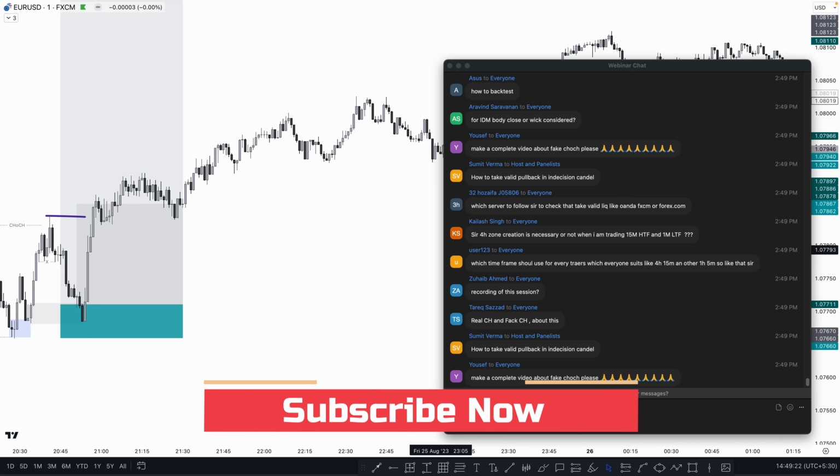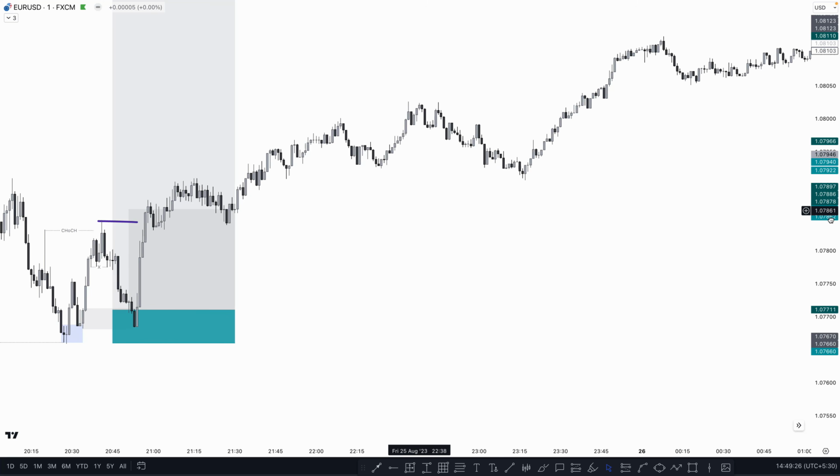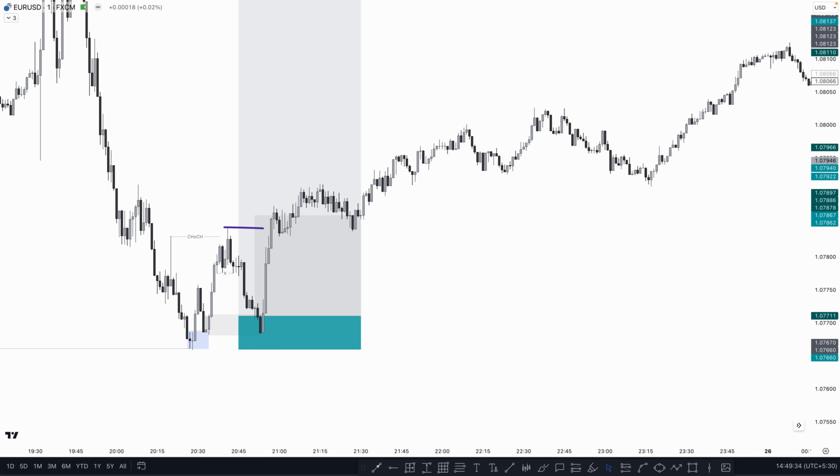Ask one by one, then I can respond to you, because with so many questions I can't understand. How to backtest? Backtesting is a simple process. Simply use TradingView, any Pro Plus plan, mark your higher time frame structure and mark your PD arrays, then wait for mitigation.